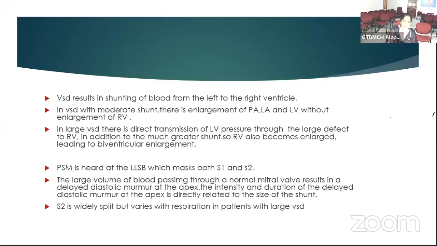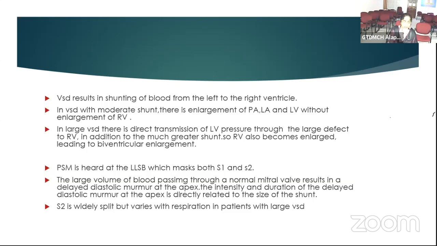So in VSD, there is shunting of blood from the left to the right ventricle. And in a VSD with a moderate shunt, the shunting of blood from the LV to the RV is occurring during systole at a time when the RV is also contracting, so that its volume is decreasing.